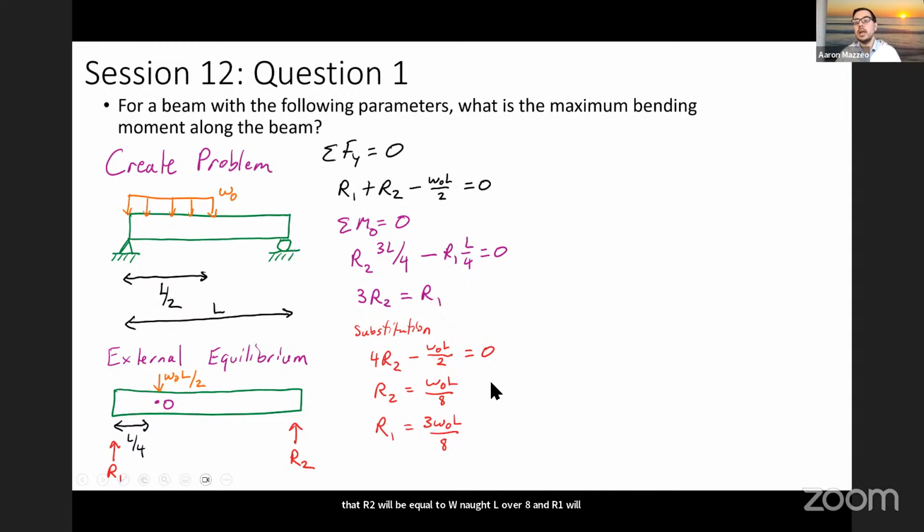And I guess a question, and this should be quick, making sure the chat works. Is this a determinate or an indeterminate problem? So quickly in the chat, determinate or indeterminate?